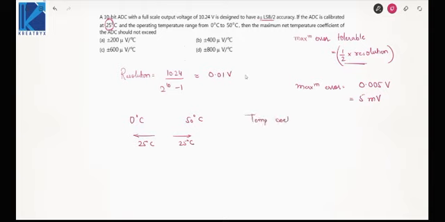That means the temperature coefficient should be 5 millivolt by 25 degree centigrade. That is 5000 by 25, 200 microvolt per degree centigrade. That is option A. Is it fine? That means the voltage should not change by more than 5 millivolt for a 25 degree centigrade rise in temperature.